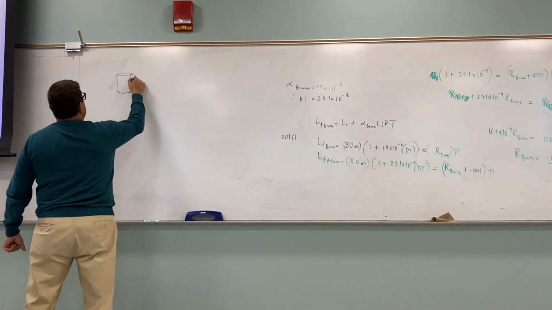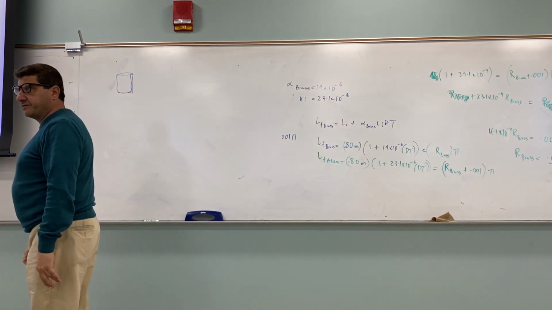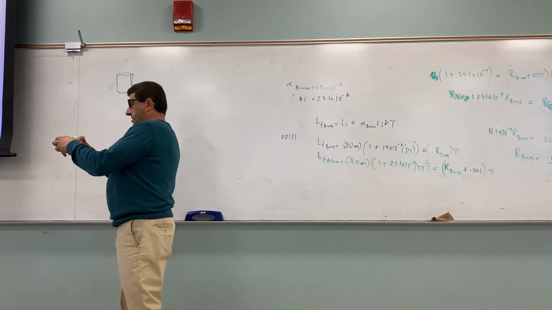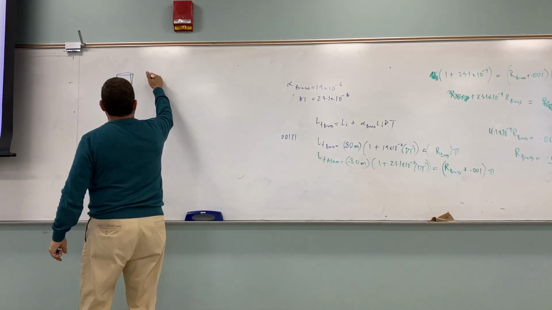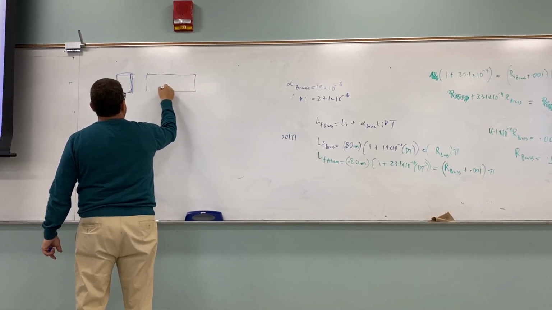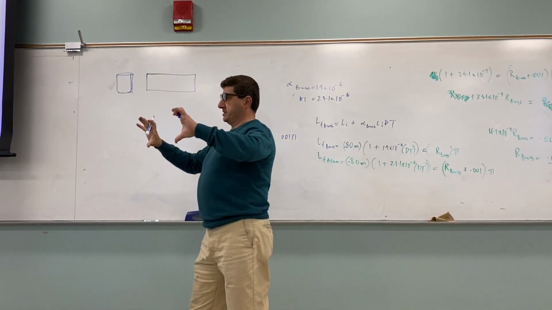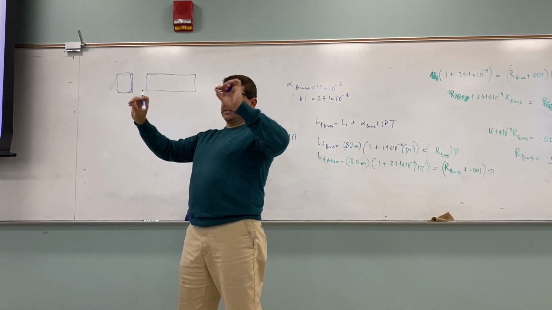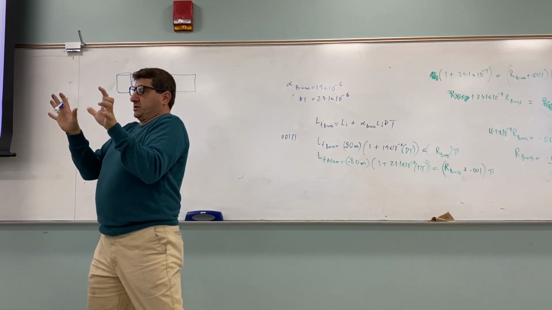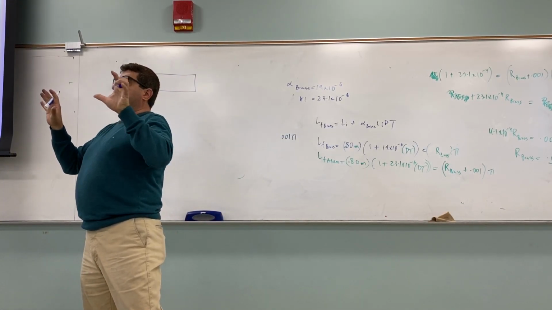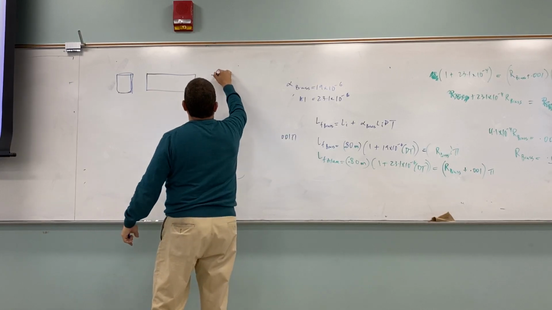So this one is glass. Of course, you have to be given the alpha of the glass. So then the glass will expand. You can think of the glass as laying it out like this. So it expands, its height goes up, and its length goes up. So then you can think about it as laying it out like this, and then closing it back up, like this.